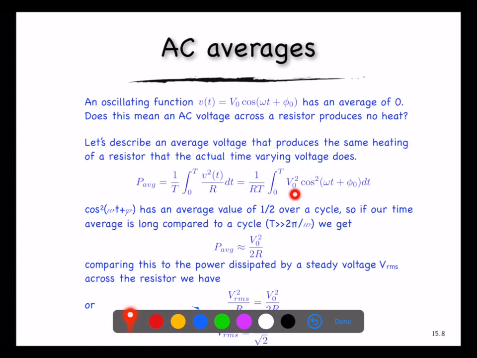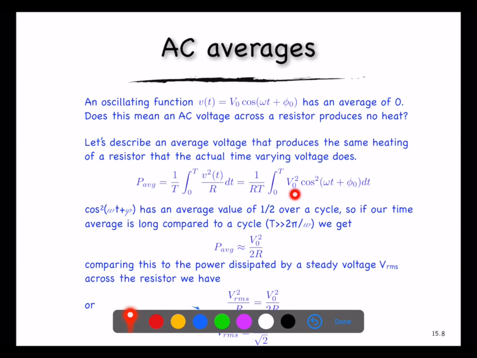So what we do is we say, let's calculate how much energy is dissipated by a resistor on average and relate that to the value of the voltage, the DC voltage, that would be necessary to produce the same amount of heat. We can define that as our effective average voltage that the circuit sees.